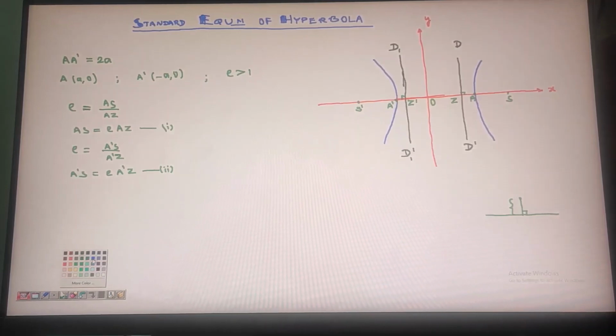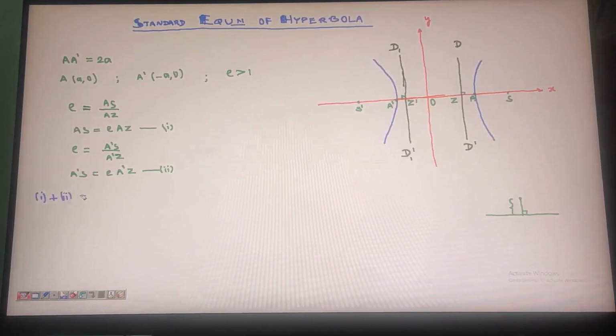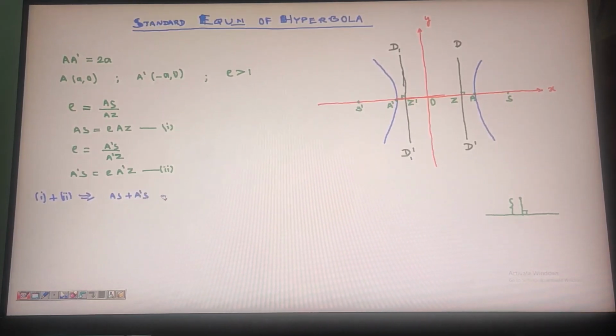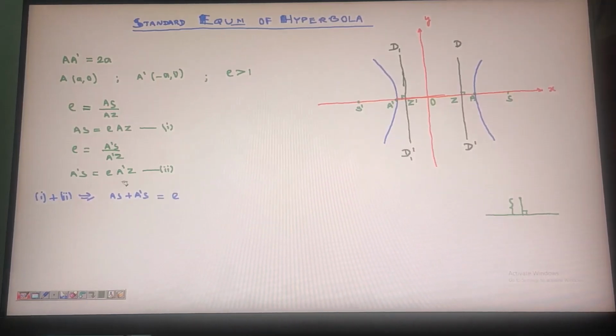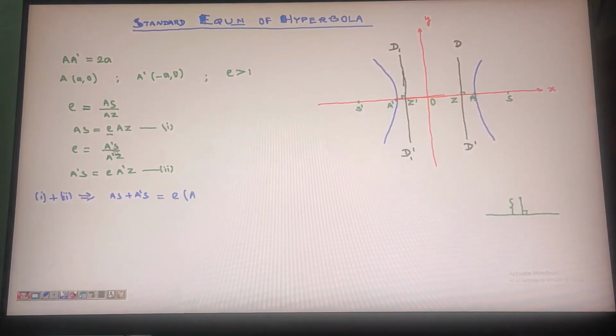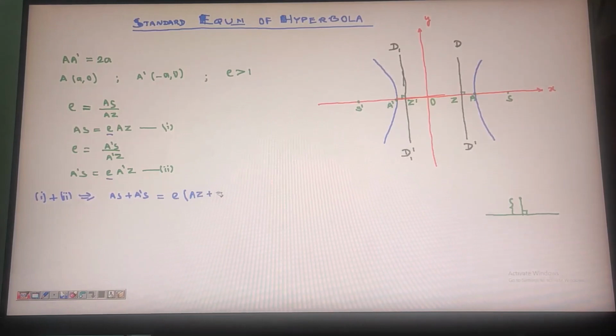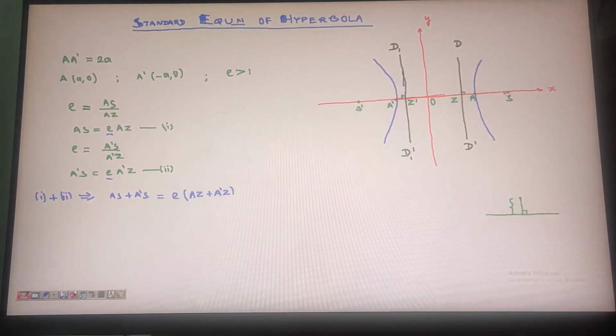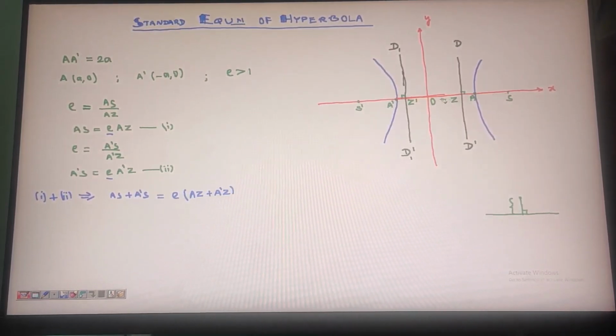Let me change the color. 1 plus 2. This implies AS plus A dash S is equal to, on the right-hand side, e I can take common, so I am getting e times AZ plus A dash Z. AS plus A dash S. What we can do, AS is nothing but OS minus OA, right?